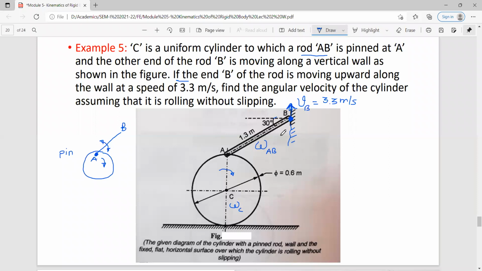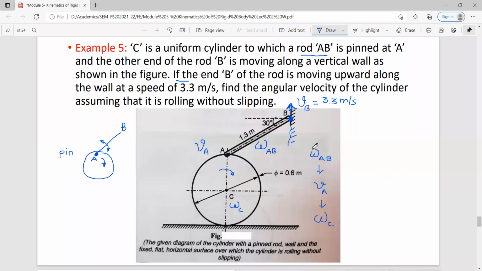Then after angular velocity, you will find out the velocity of point A. And then later on, after finding the velocity of point A, you will find out the angular velocity of the cylinder. So the flow will be like this. First you find the angular velocity of rod AB, then the velocity of point A, and after that the angular velocity of the cylinder.